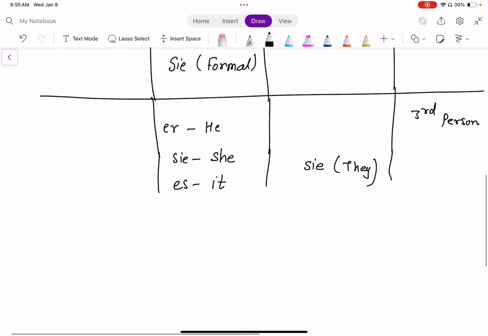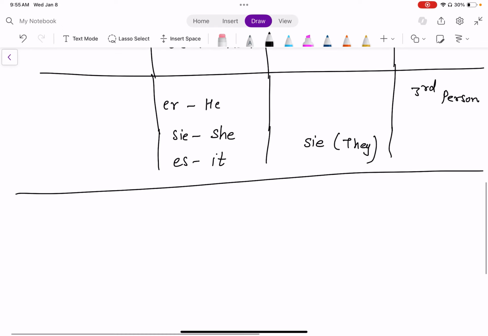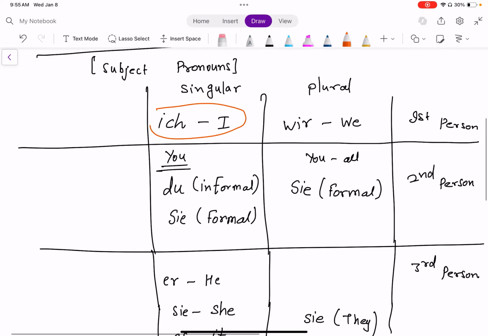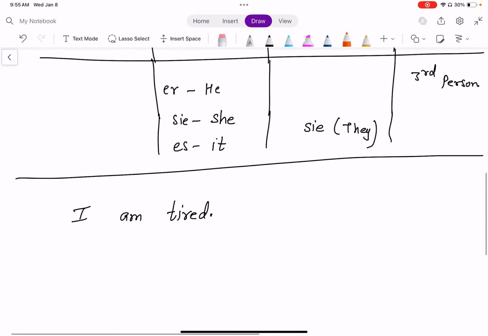Let me explain it with an example. For example, I want to say, I am tired. So for I, what are we going to use? What is the word for I? I is ich. Now, am is a verb.